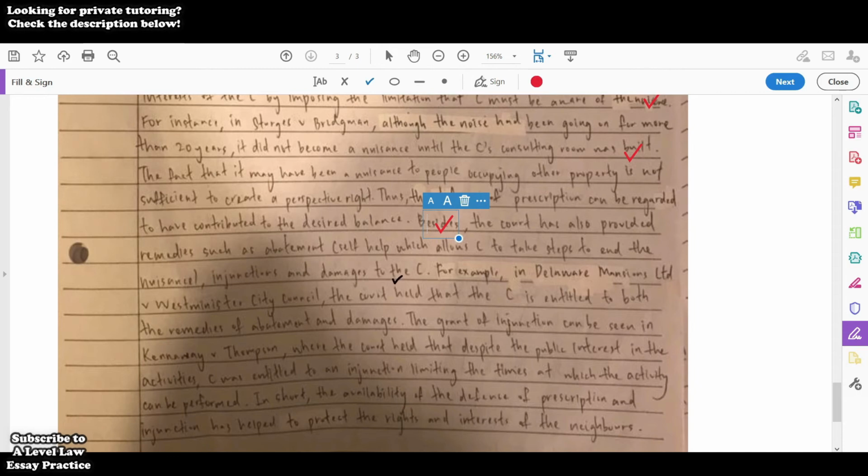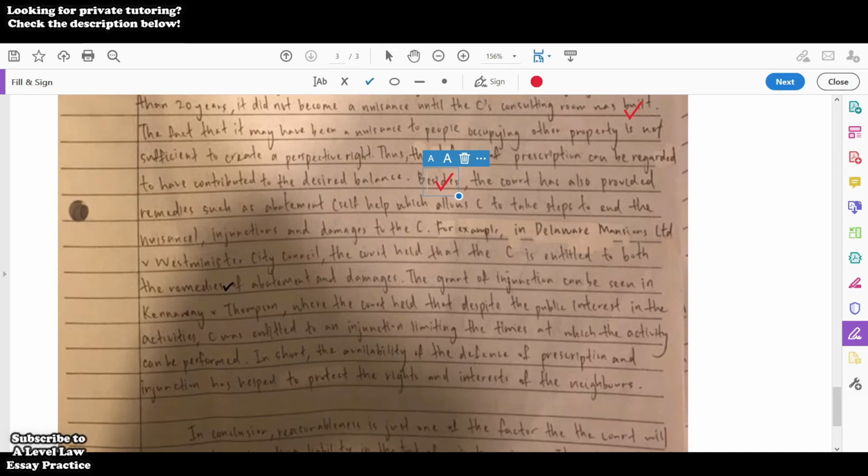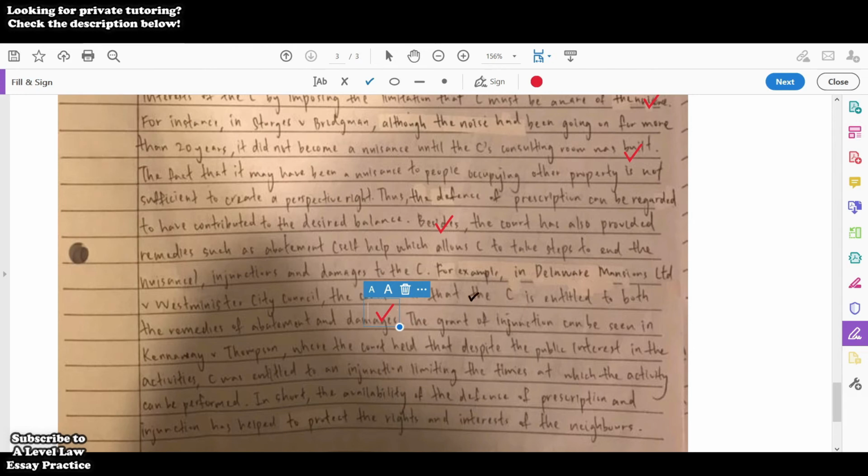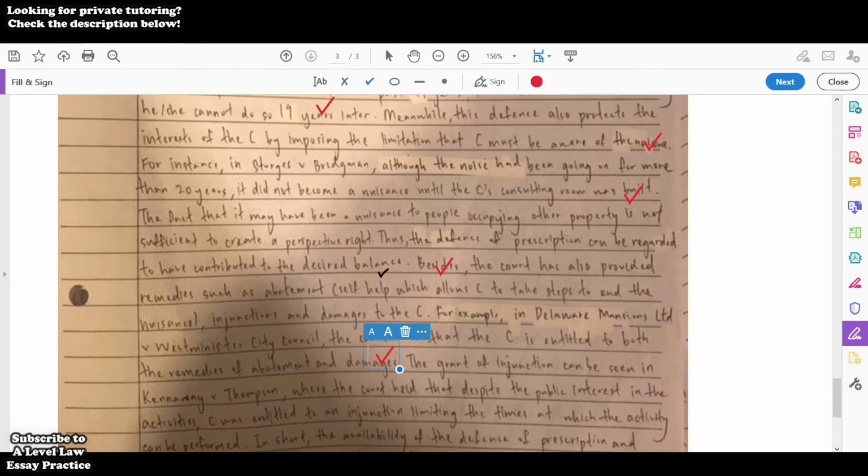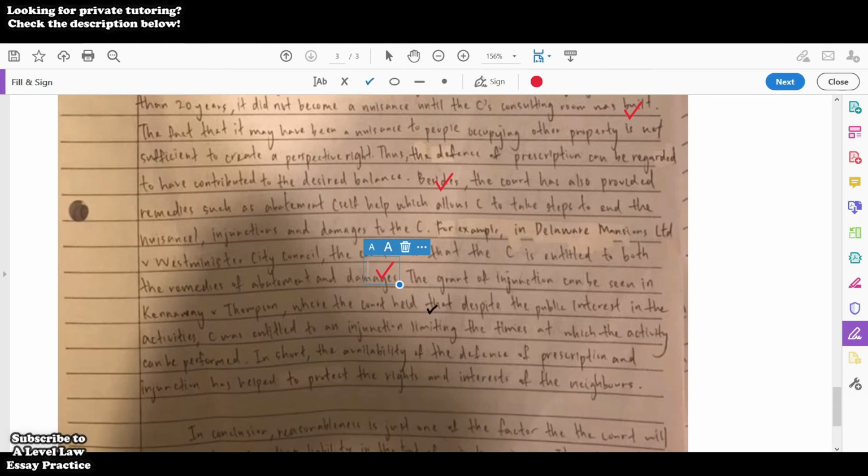Injunctions and damages to the claimant. For example, in the case of Delaware Mansions v Westminster City Council, the court held that the claimant is entitled to both the remedies of abatement as well as damages. So it's a good thing that the student is relating this case and these remedies to the previous issue.